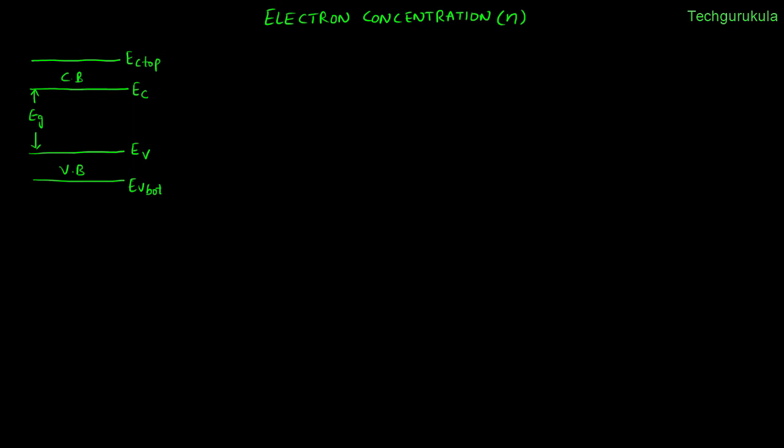In order to find the electron concentration in the conduction band, because that's the concentration which will contribute to the conduction of electric current, that's why that concentration is important for us.